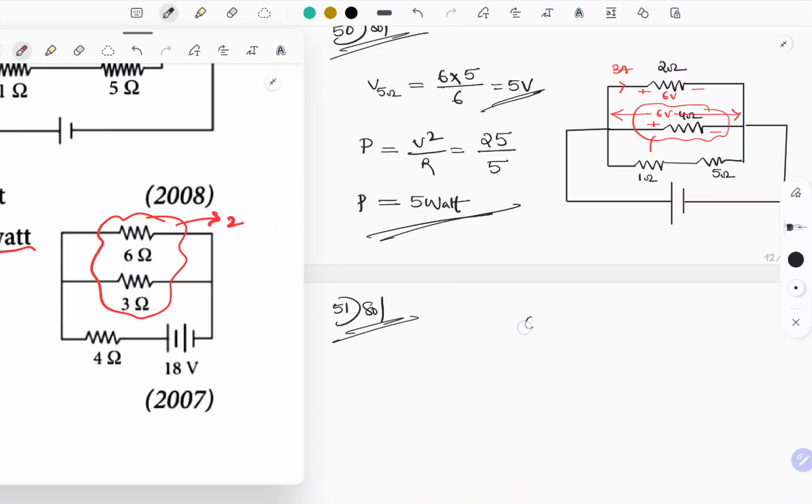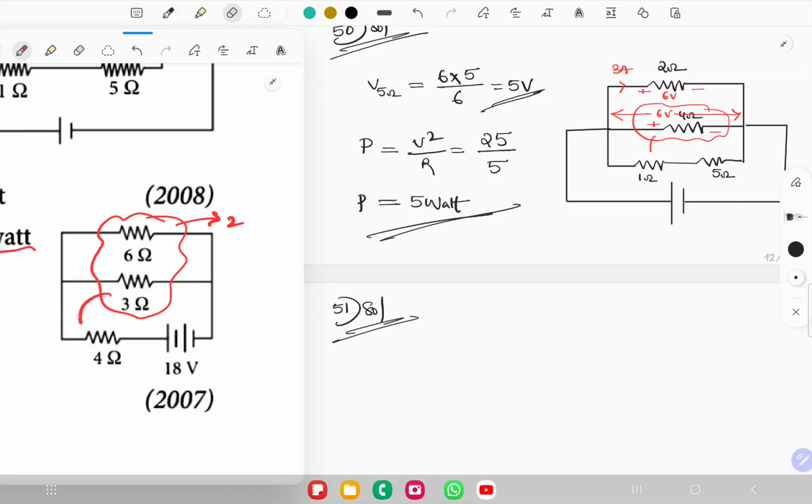How? 6 into 3 by 6 plus 3. Use this method, it's going to be 18 by 9, which is equal to 2 ohms. This is the equivalent resistance of 6 and 3 connected in parallel. Remember, we are going to use this many times. This 2 ohm resistor is connected in series with 4 ohm.